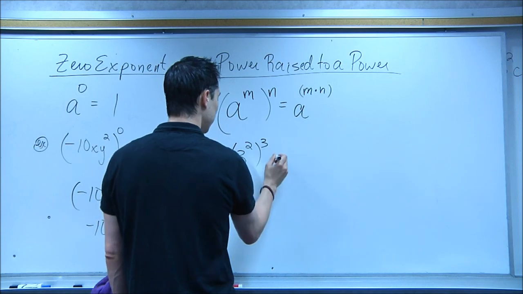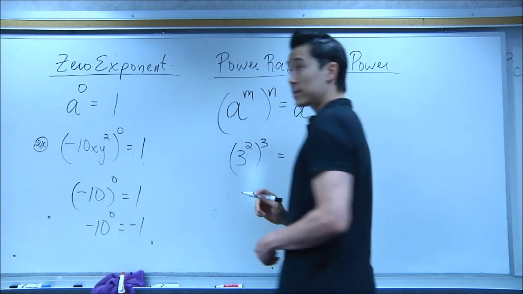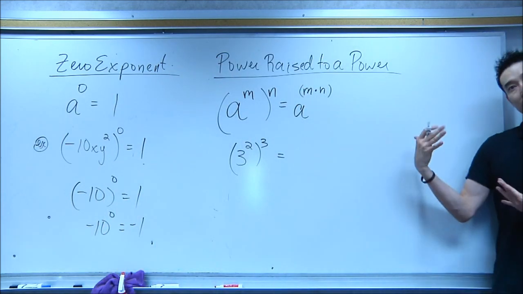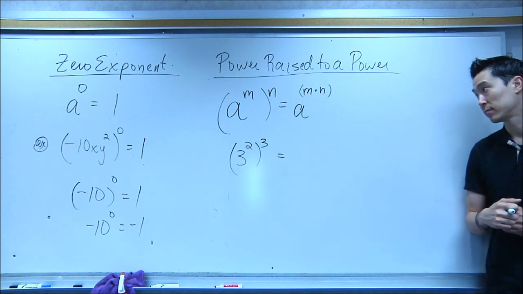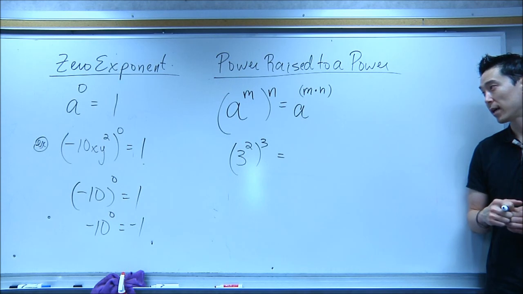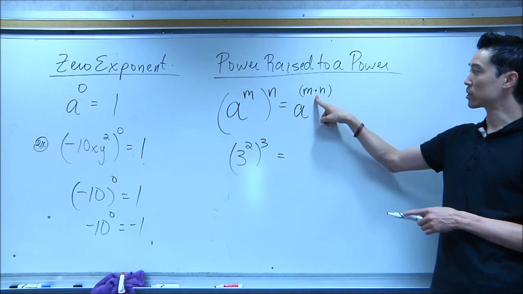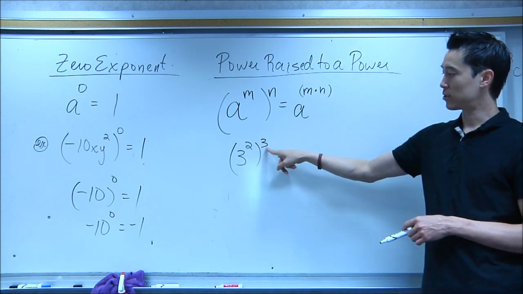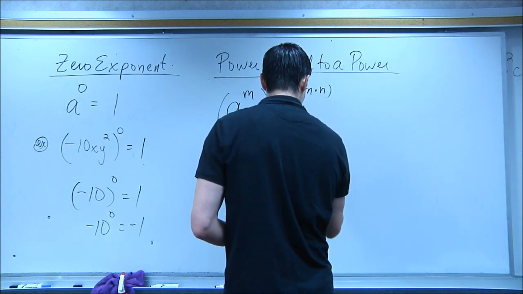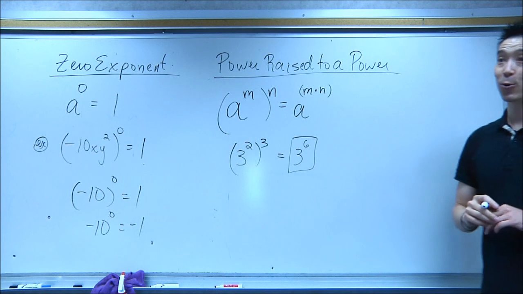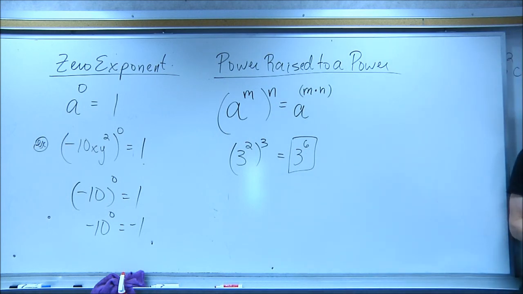Let's start with 3 to the 2nd power raised to the 3rd power. By this rule, what is our answer supposed to be? So what is 2 times 3? 3 to the 6th, right. Only when you have power to a power do you multiply them.